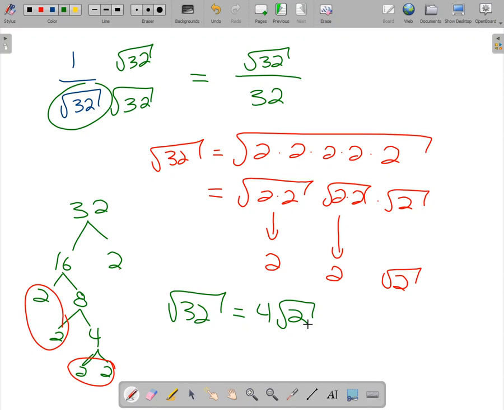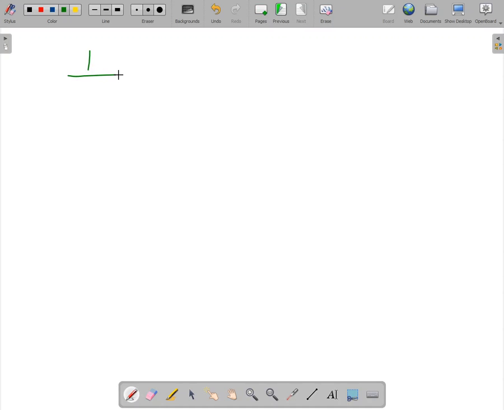Now we rationalize the denominator. So let's try that again. We started with 1 over the square root of 32. The square root in the bottom cleans up to 1 over 4 times the square root of 2. And then all I need to do to clean it up is get rid of the square root of 2.